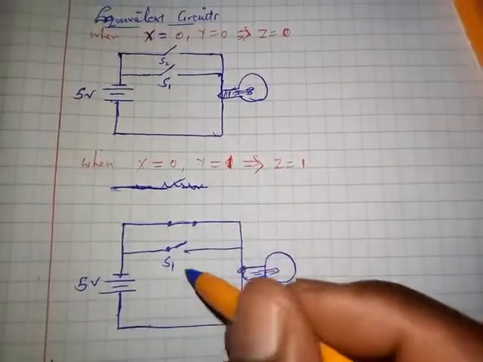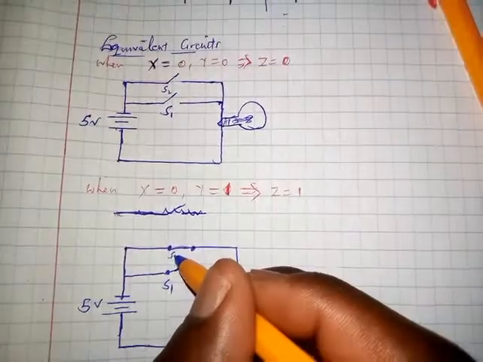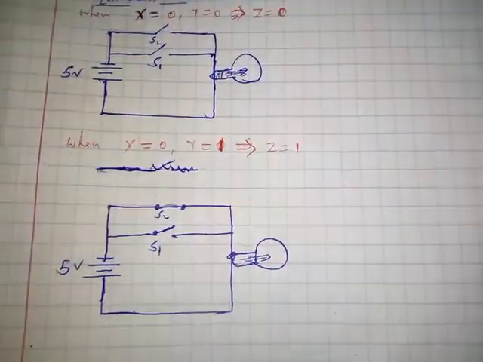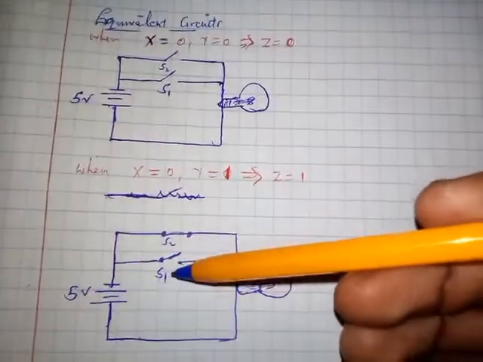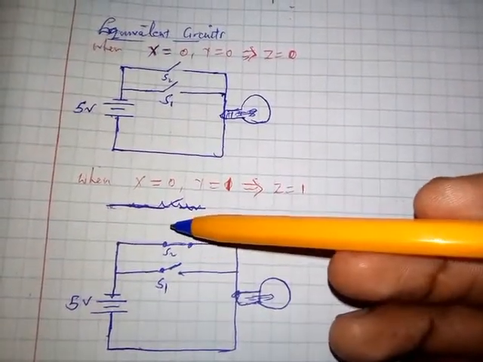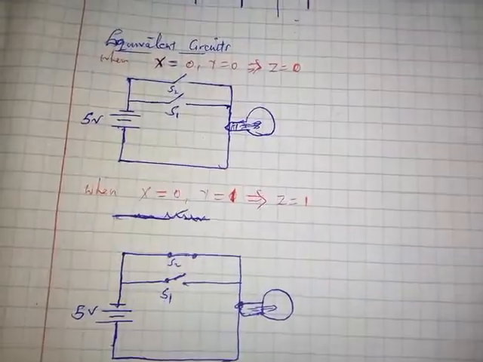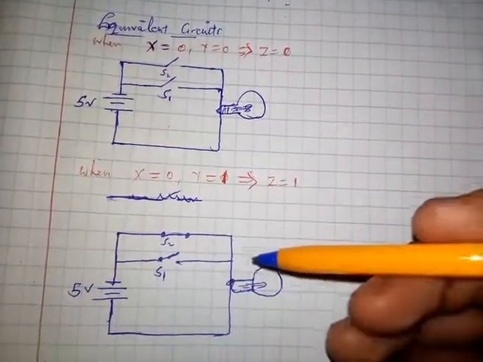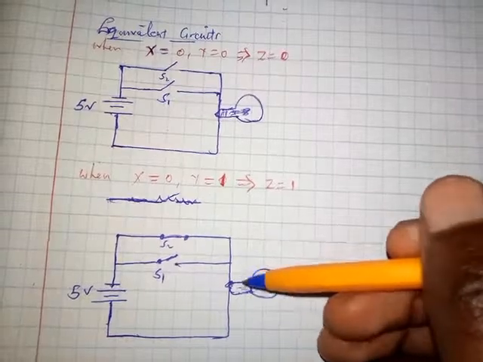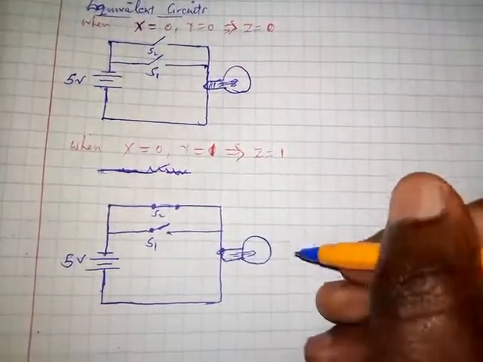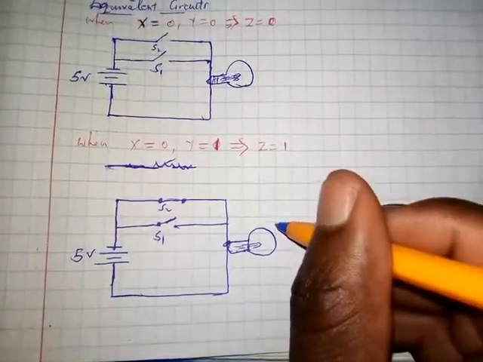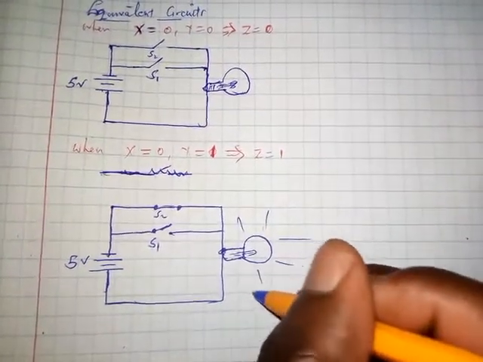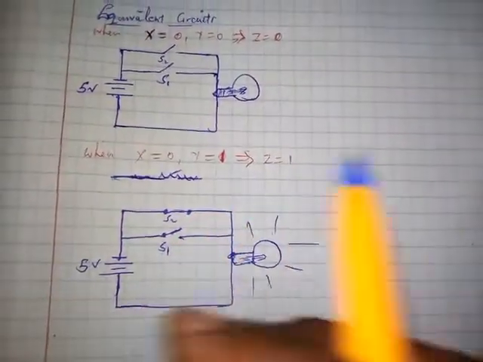You can see that switch 1 is open, then switch 2 is closed, meaning if you take switch 1 to be for X is 0, then this for Y is 1, then the bulb will give light. So there's light.